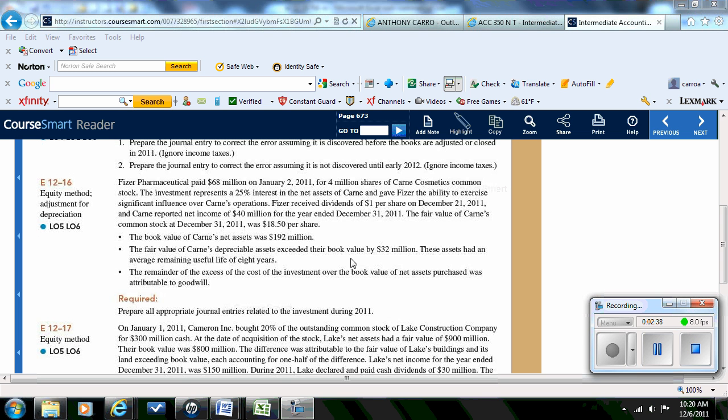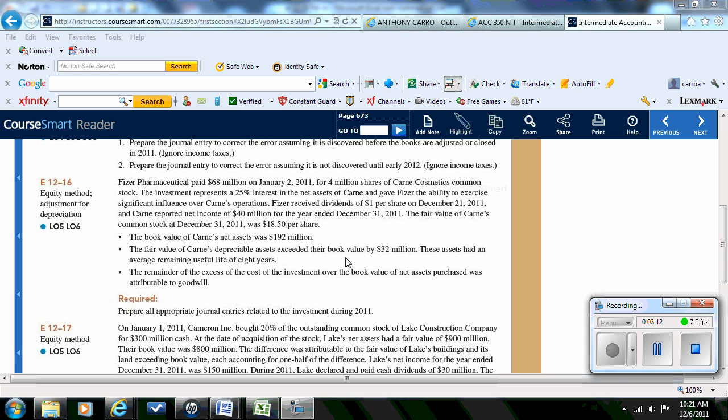So Pfizer has to take in the difference, well, actually their share of the acquired $32 million in fair value adjustment. And we're going to amortize this over an 8-year period. We're doing this because when Carney determines depreciation expense for their net income, they are going to be using their book value.